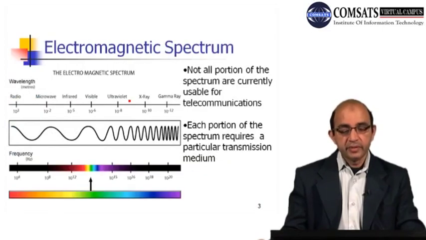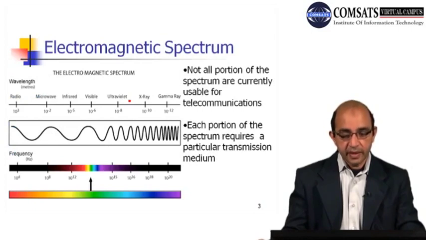So here is a snapshot of the electromagnetic spectrum. You can see that not all portions are used for telecom, in order to have communication between telecom devices. Each portion of the spectrum obviously needs a medium.